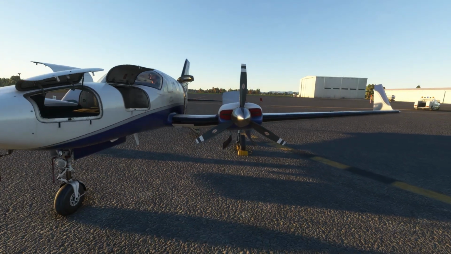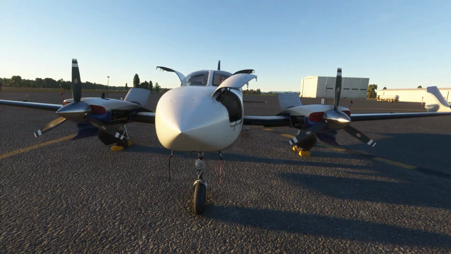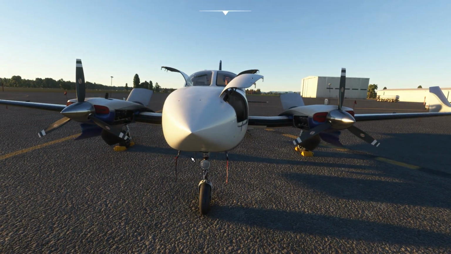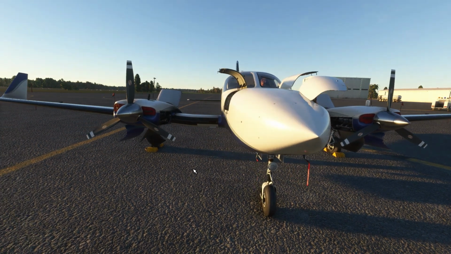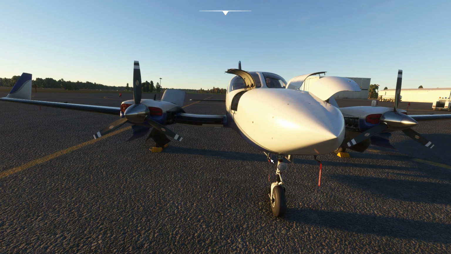Okay, now going back, of course the pitot tubes. We have 2 pitot tubes. They give you dynamic pressure of the air outside, which in combination with the static system will give you air speed.